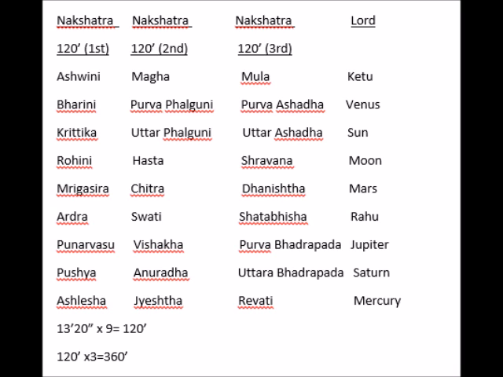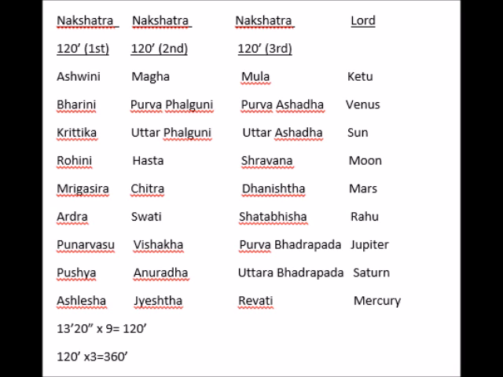Why is it so important? It is very important because, as we know, each of the nakshatras is ruled by a planet. We're not going to discuss padas in this video, because I don't want to confuse you. Padas are equal subdivisions of each nakshatra, and each subdivision is 3 degrees and 20 minutes.